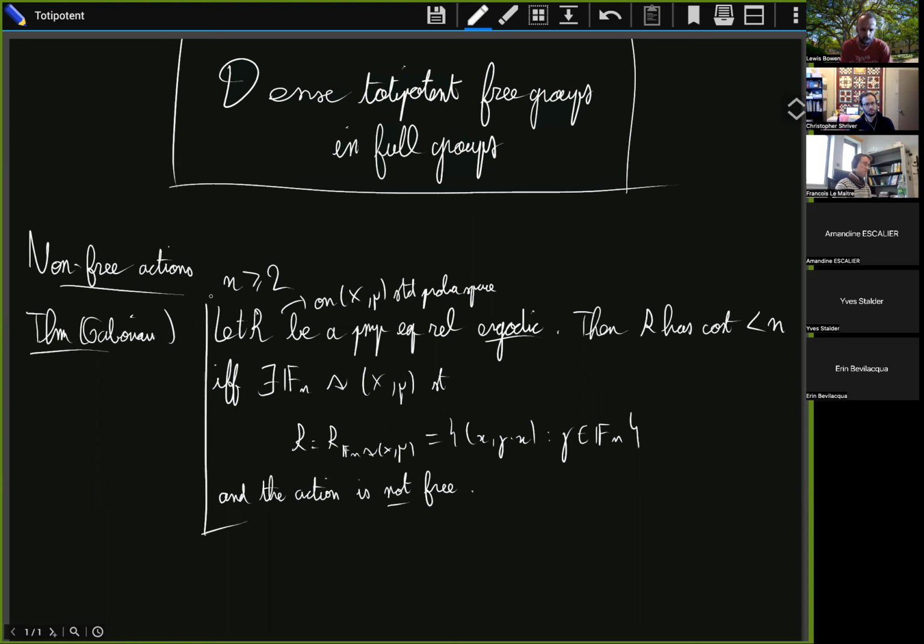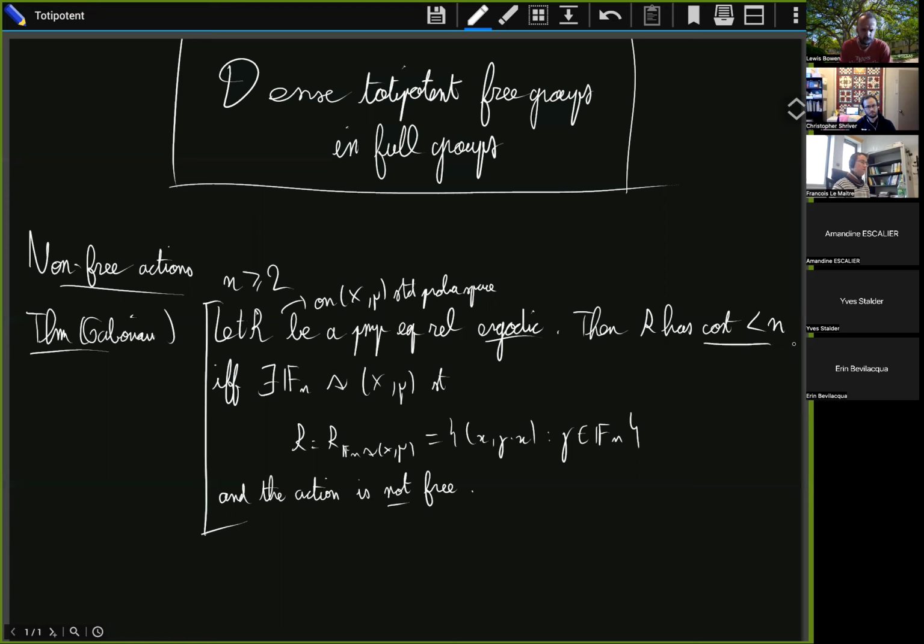I guess everyone now is familiar with PMP equivalence relations. These are the equivalence relations which arise when you have a group acting on a standard probability space and you look at the equivalence relation of being in the same orbit. You can also give an axiomatic description of this, but this is not really important for me. But there is this thing about cost.